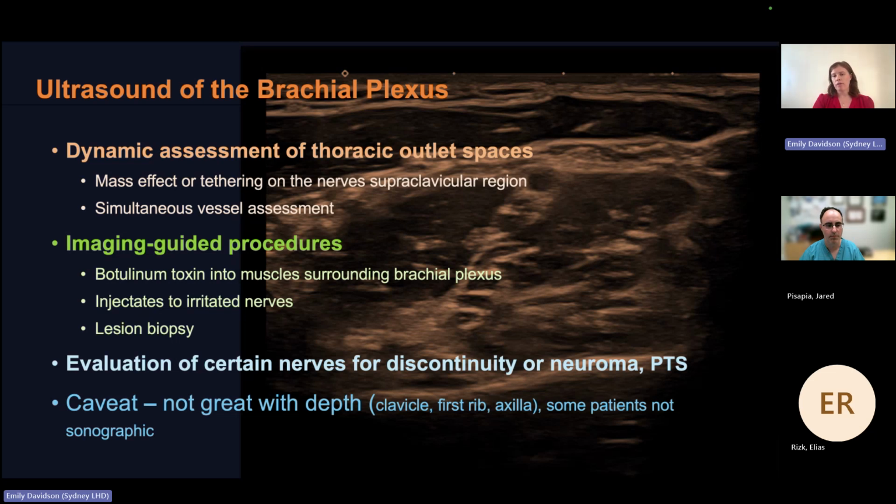And in certain nerves that are more subcutaneous, such as the suprascapular nerve or the spinal accessory nerve, we might be able to assess those more easily under ultrasound because they're quite superficial, and we can look for discontinuity or neuromas or constrictions in the case of Parsonage-Turner syndrome. But some patients are not that sonographic, so we use it as an adjunct in brachial plexus imaging.